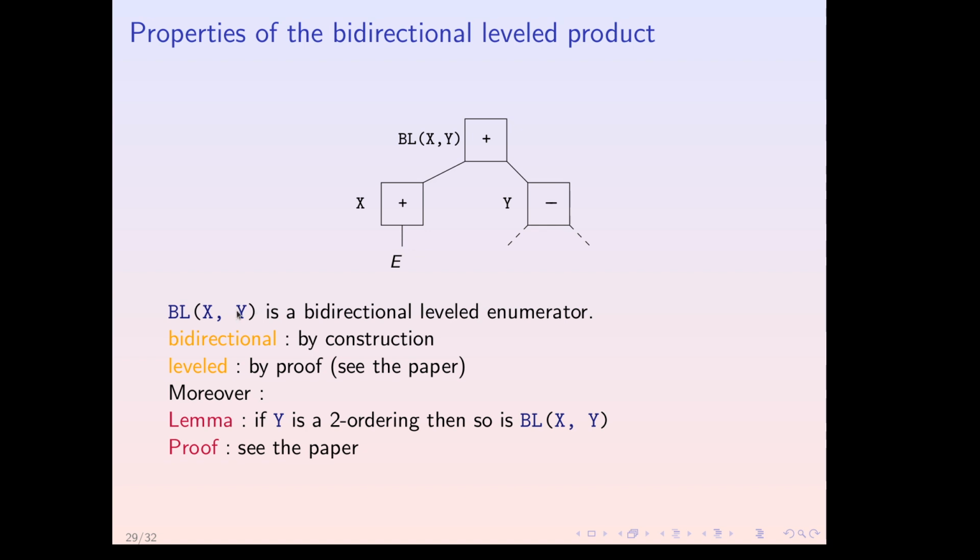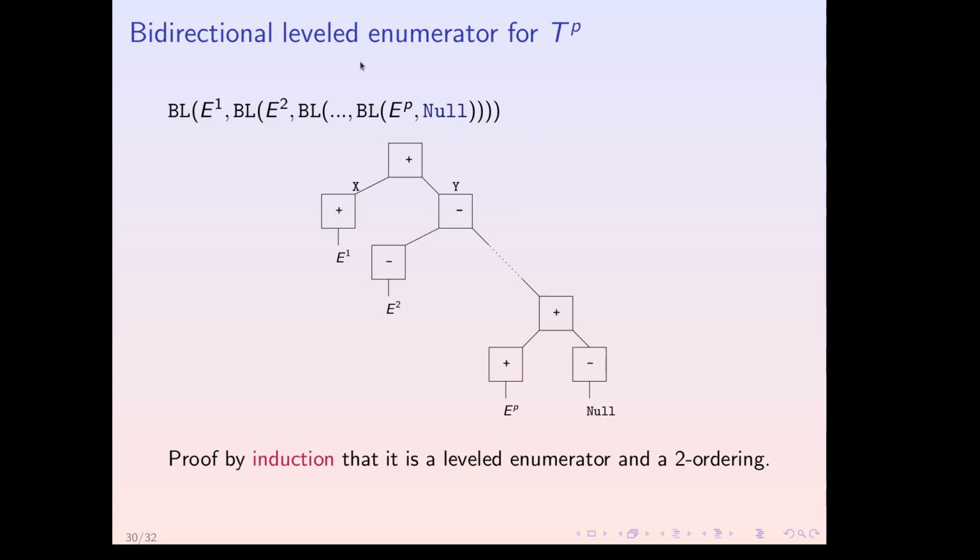By construction, this product is bidirectional, and we can show by proof, this is in the paper, that this product is leveled, so that if Y is leveled, then this one is also leveled. Moreover, we can prove that if this one is a 2-ordering, then so is the product. So now, using this binary product, we can build a bidirectional level enumerator for the Cartesian product TP.